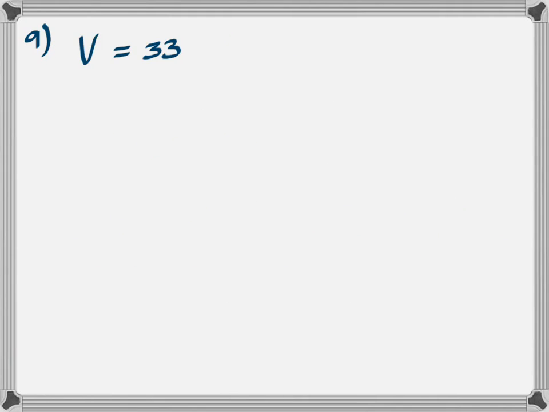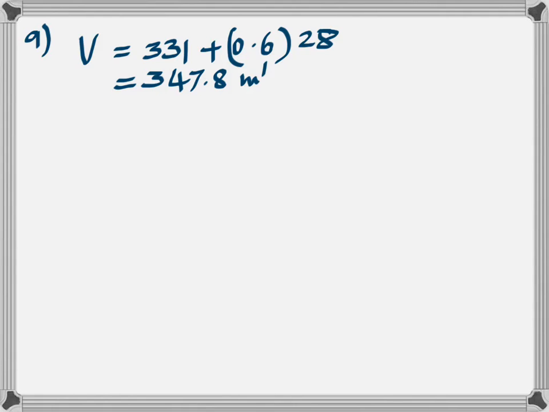All right, number 9. That's the speed of sound at 28, 347.8. And therefore, you find the fundamental. Is it talking about an open pipe? Is a flute an open pipe or a closed pipe? Open pipe. Now realize that if you didn't know that, you wouldn't know which formula to use. You're in trouble.